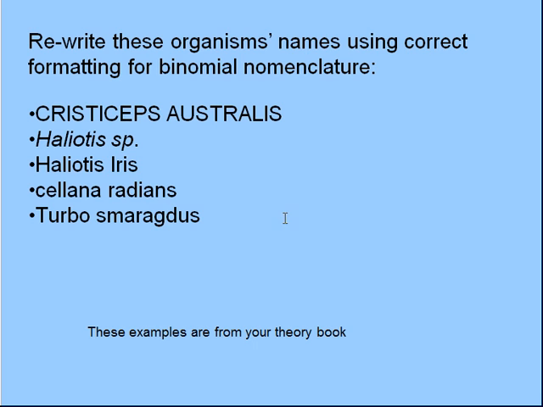So you'll say Haliotis sp., which means SP, short for species, but we don't know what that species is. We do know it's the Haliotis genus, so we can identify it as Haliotis.